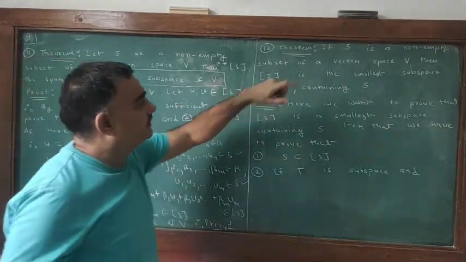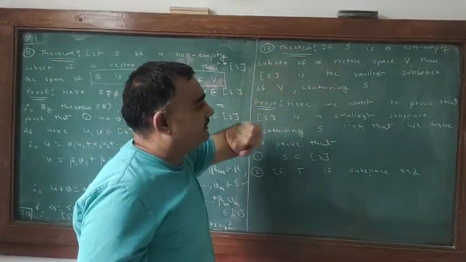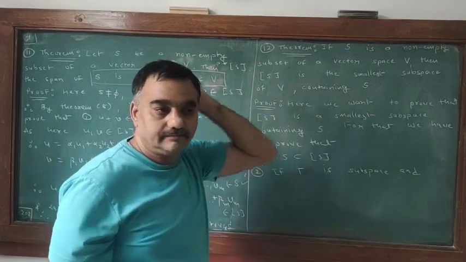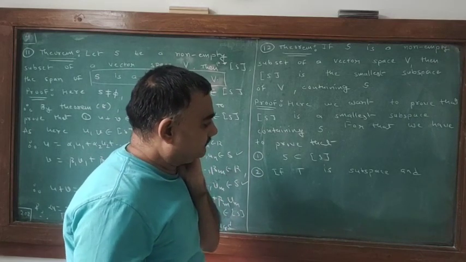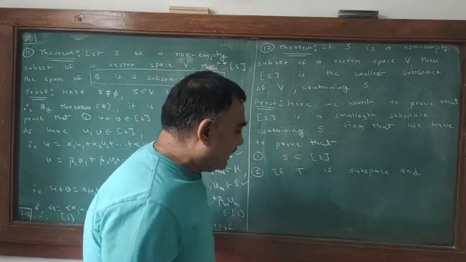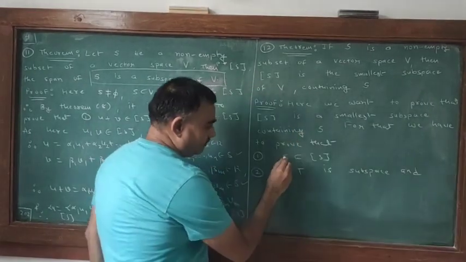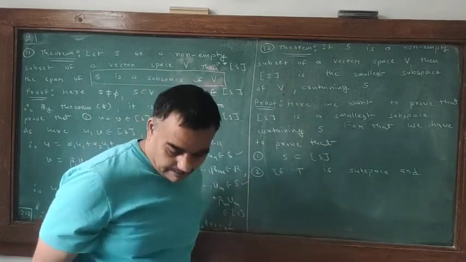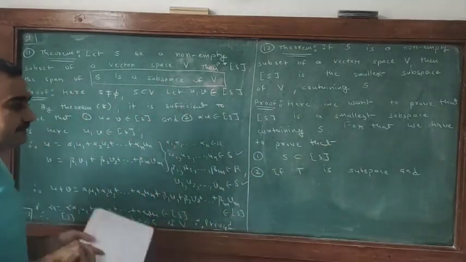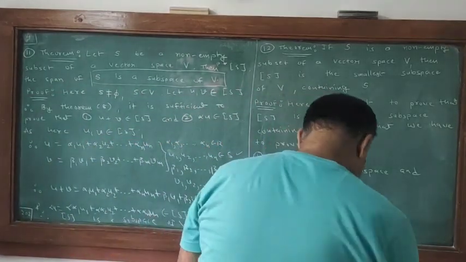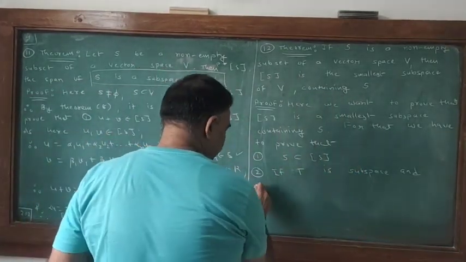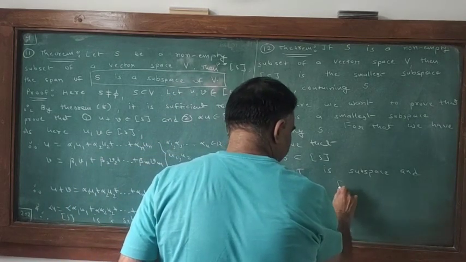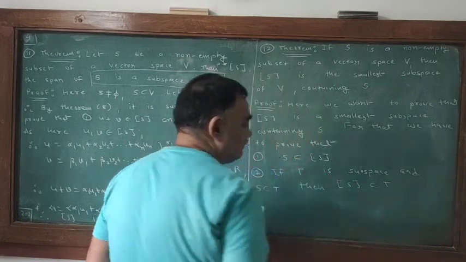Here we want to prove that if S is a non-empty subset of a vector space V, then span S is the smallest subspace of V containing S. This means first we want to prove that S is a subset of span S, and if T is a subspace and S is a subset of T, then span S is a subset of T.